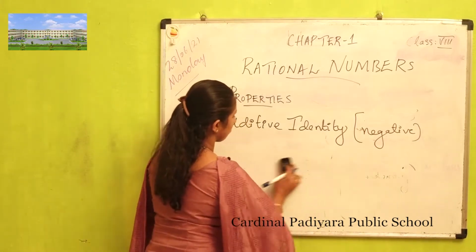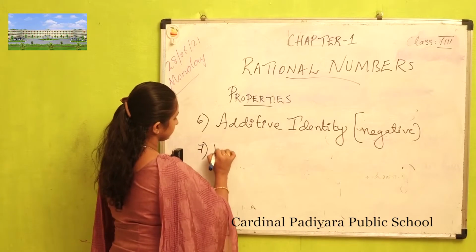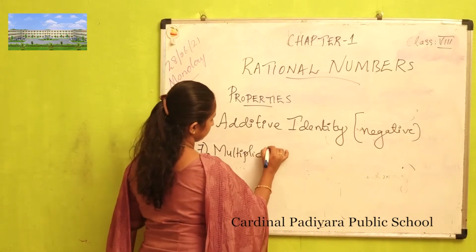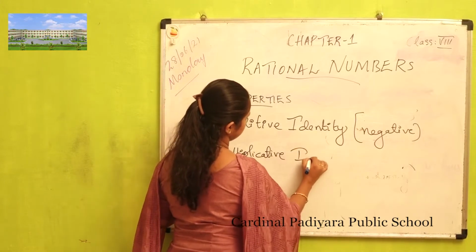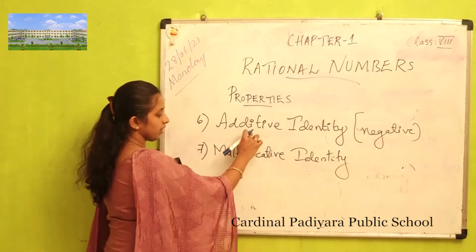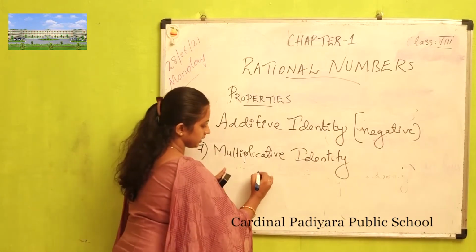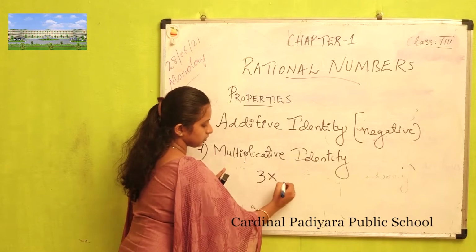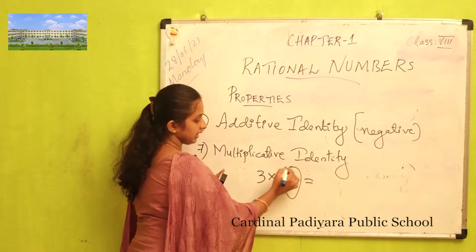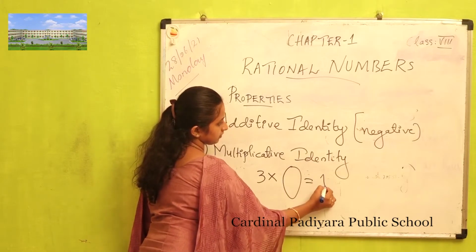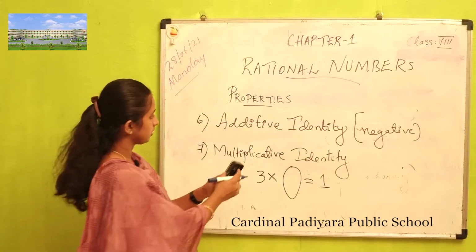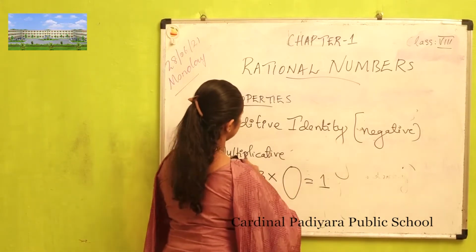Now the next one is multiplicative identity. Here, instead of adding, we are multiplying. See, 3 into something, then we will get 1. Sorry, this is not identity, this is inverse.